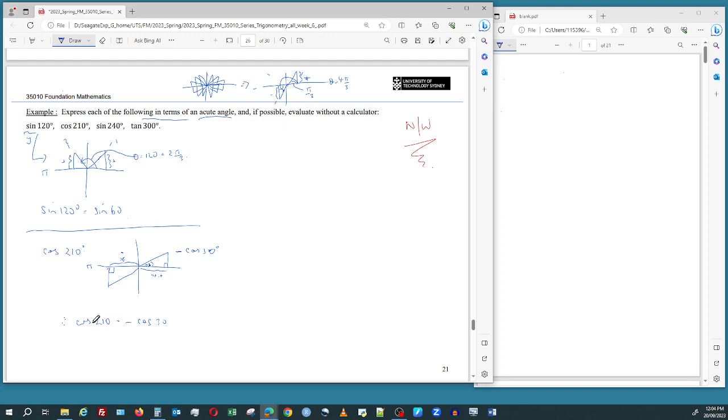Okay? Now we know from our work that if we count around 1, 30, 60, 90, 1, 2, 3, 4, 5, 6, 7. That's 7 pi on 6. 7 pi on 6 is going to be equal to minus cos pi on 6.